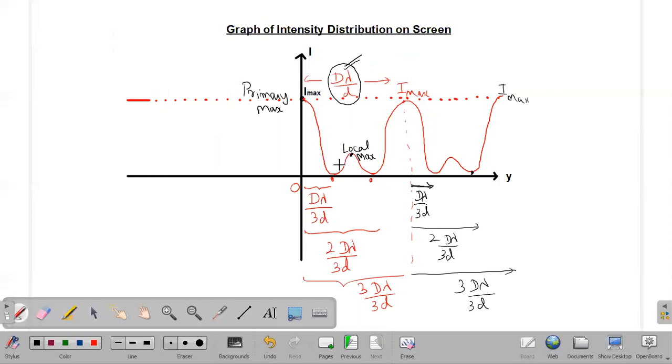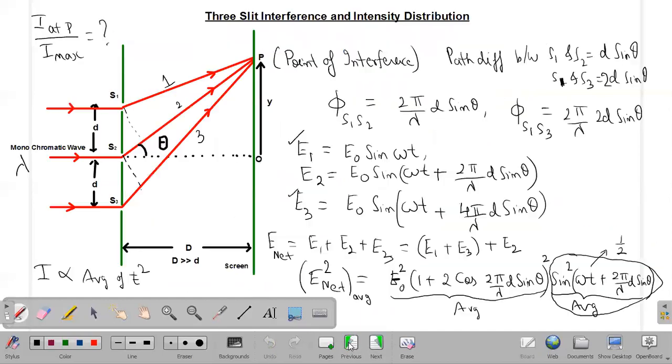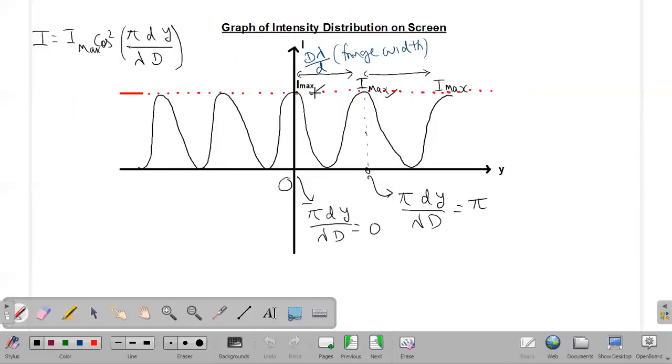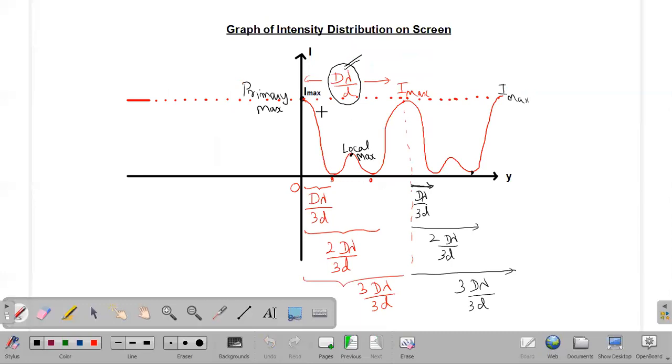You get a local maxima and you get zero intensity 2 times, whereas in the double slit experiment, between the two primary maxima of intensity, you get zero intensity at 1 point. In the three slit experiment, between two primary maxima, you have zero intensity at 2 points.